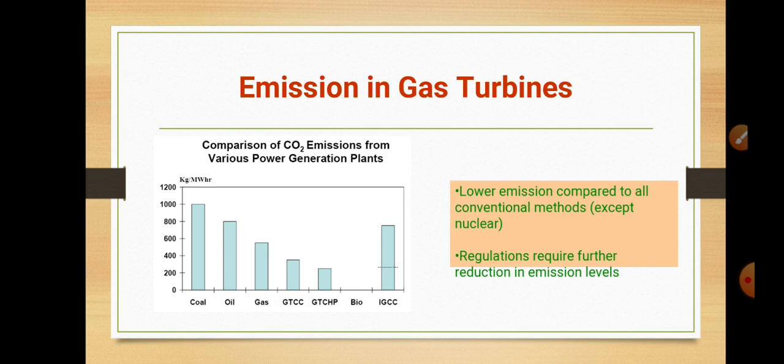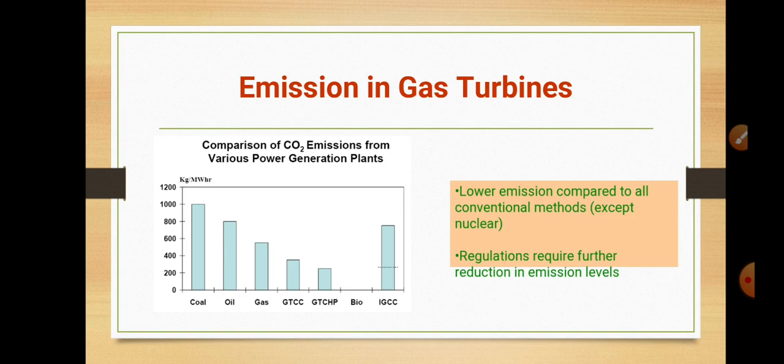Then if we go with emissions in gas turbines, and compare CO2 emissions from various power generation plants, we will have a lesser amount of carbon emissions compared to coal, oil and gas. Gas turbine CC and gas turbine CHP will provide lesser carbon emissions when compared to coal, oil and gas.